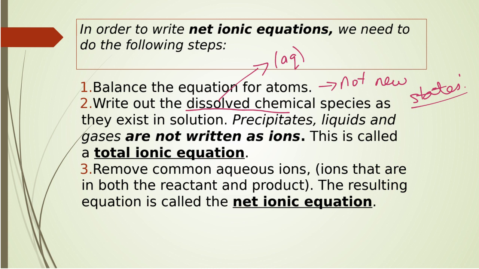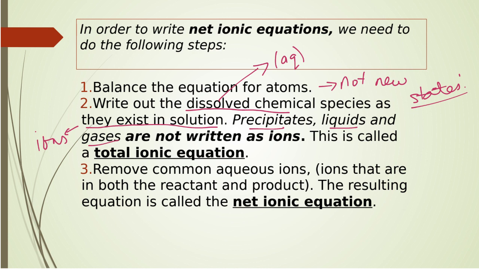We will write out those dissolved species as they exist in solution, which is as ions. Anything that's not an aqueous state, so precipitates, which would be a solid, liquids, which would be L, and gases, which is a G, are not written as ions because they're not dissolved. They're bound together and they hang out as one molecule that is not dissolving itself into water.